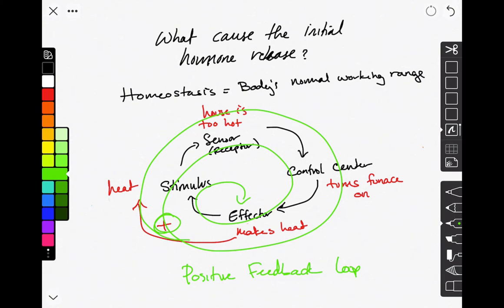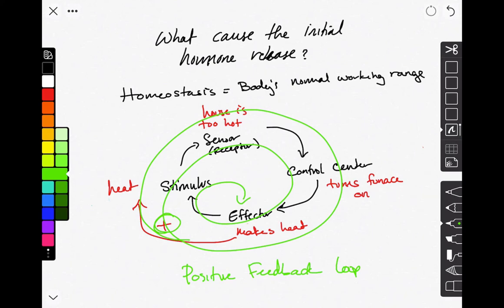During childbirth, the stimulus is the baby's head hitting the cervix, and that's sensed by sensors in the cervix and relayed to the brain, which causes oxytocin to be released. And then oxytocin causes the uterus to contract harder. It causes the child's head to hit the cervix harder.